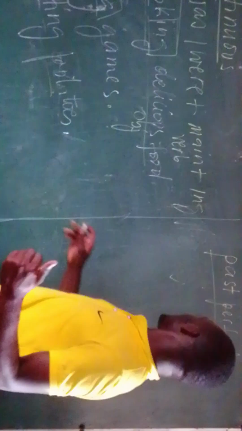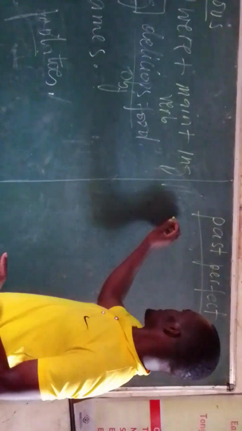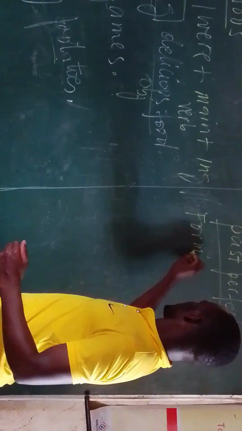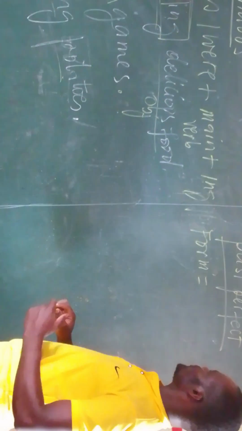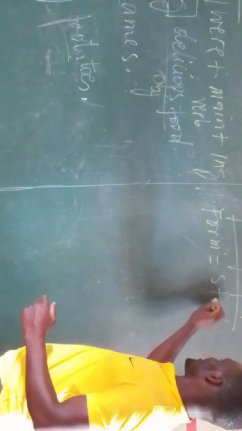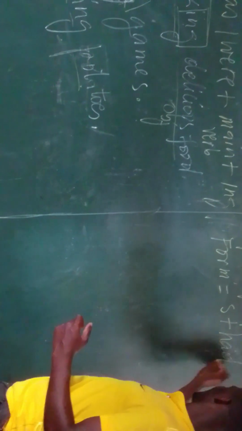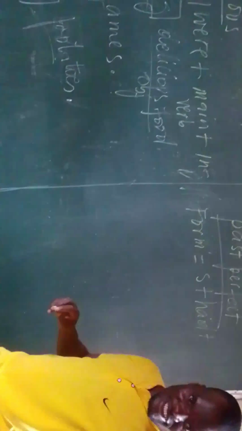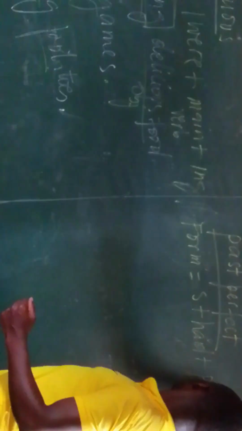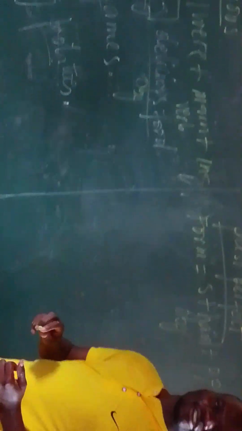And here we have a form to use. We take a subject plus the verb to have in simple past, which is had, plus the past participle of the main verb, plus an object.